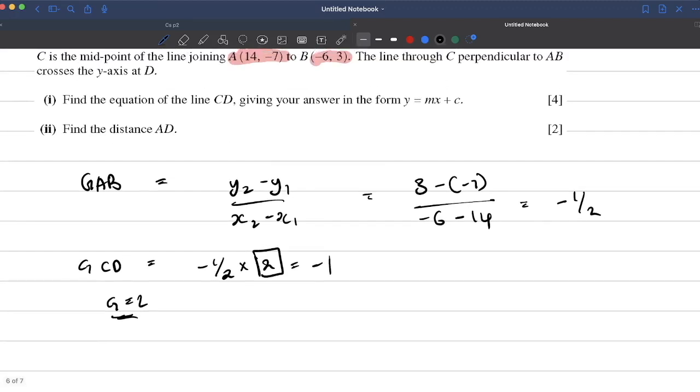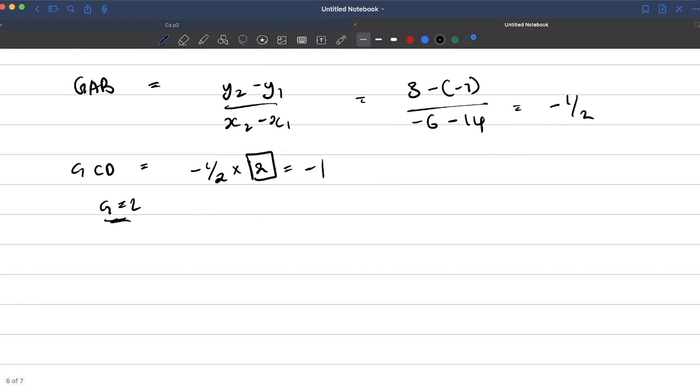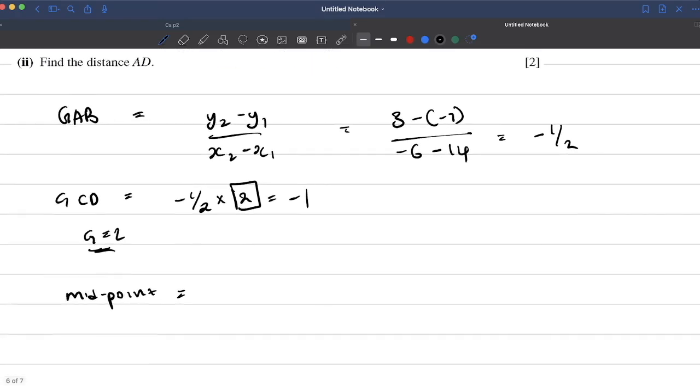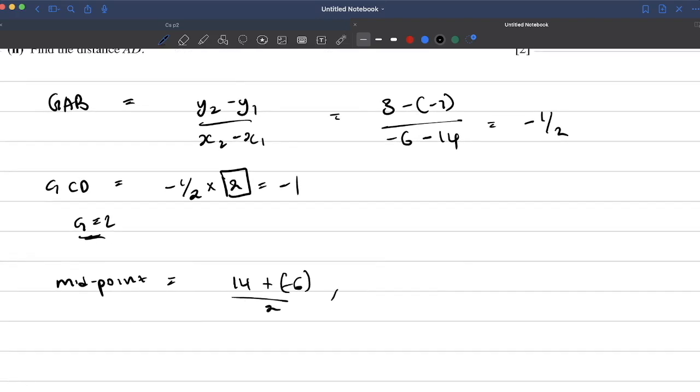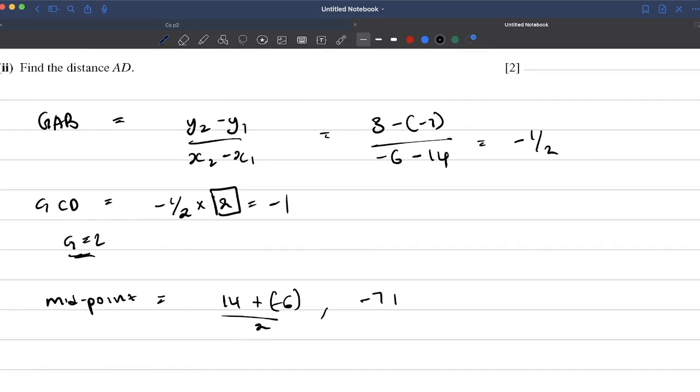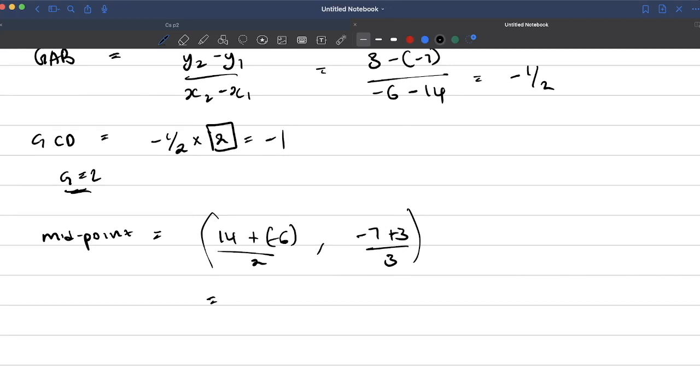Now I have the gradient and I don't have C yet, so I need to find the midpoint. The midpoint is equal to 14 plus negative 6 divided by 2, negative 7 plus 3 divided by 2. Okay, this is going to give us something, right? So 14 minus 6 divided by 2 gives me 4. And then there is negative 7 plus 3 divided by 3. That's going to give me negative 4 over 3.